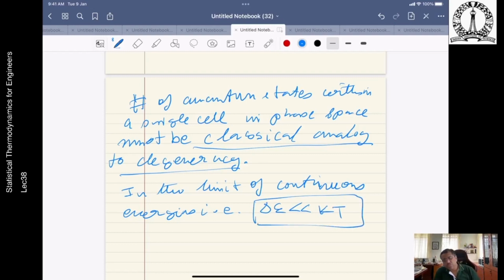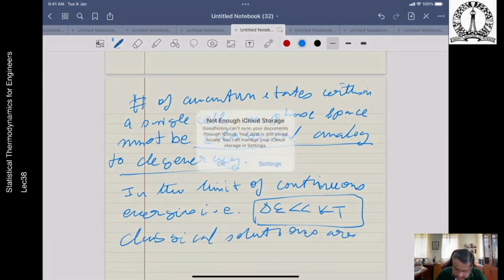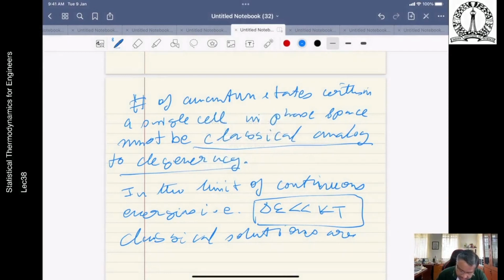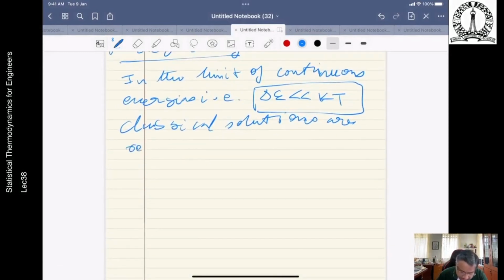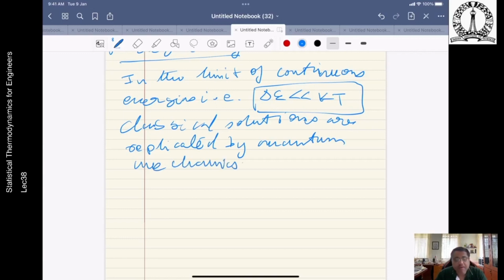The classical solutions must be replicated by quantum mechanics.